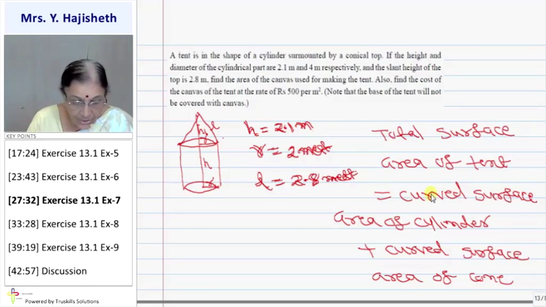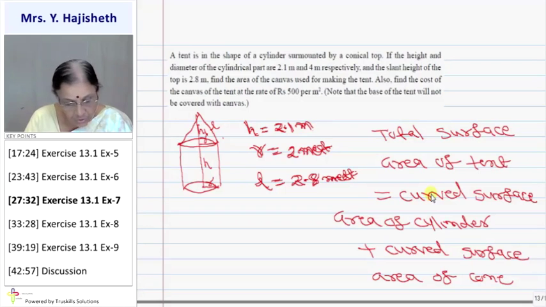Okay? A tent is in a shape of cylinder surmounted by a conical top. If the height and diameter of cylindrical part are 2.1 meter and 4 meter respectively, and the slant height of the top is 2.8 meter. Find the area of canvas used for making the tent.